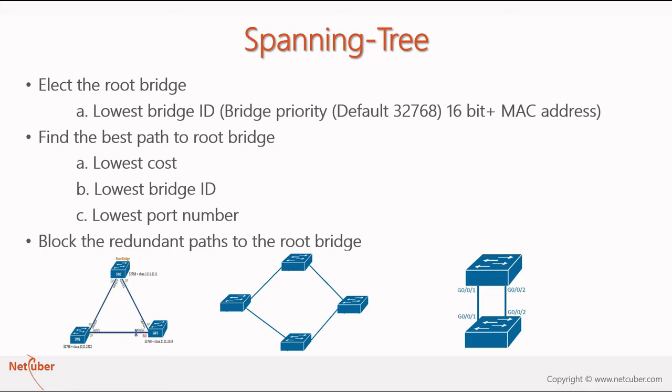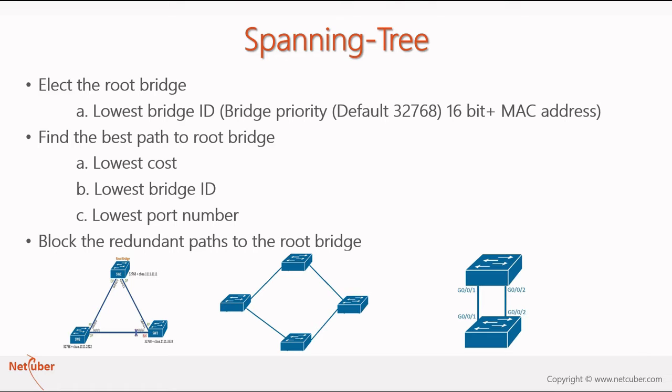So what it checks is, in the neighbor switch, what are the hops involved, how much cost it takes, and what the IDs involved are. Different switches have different bridge IDs, so it checks for the lowest bridge ID. It prefers the lowest bridge ID, and that path always wins. And in the third scenario, it checks for the lowest port number.